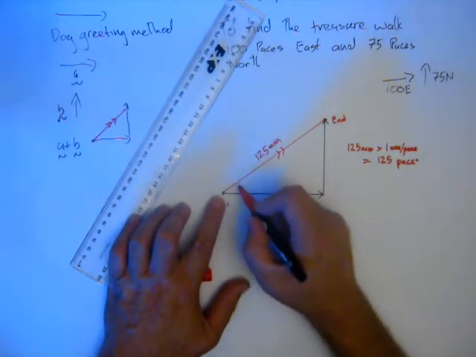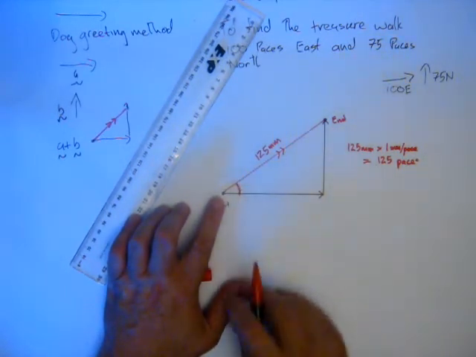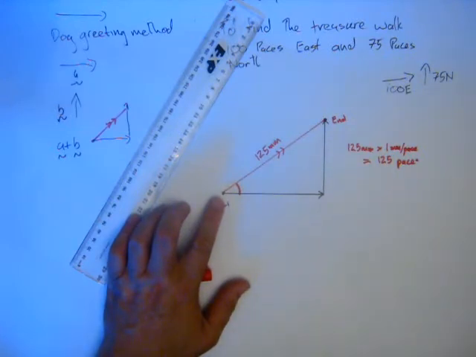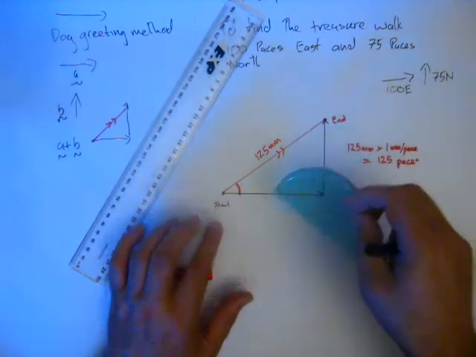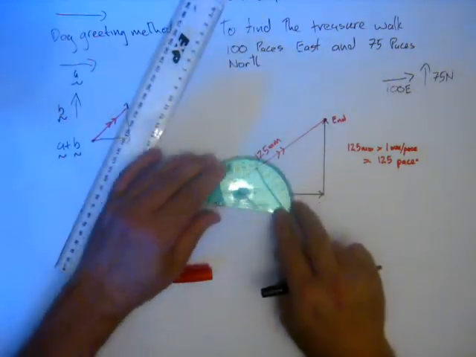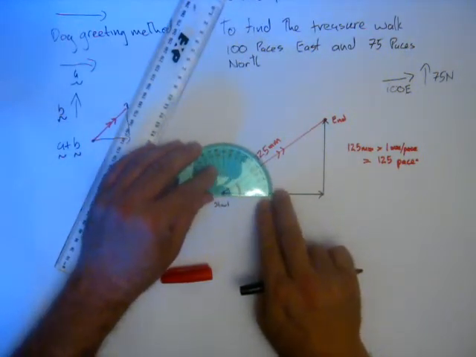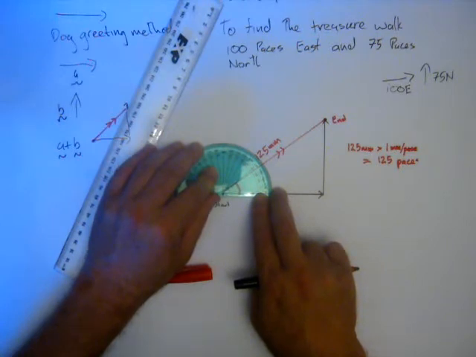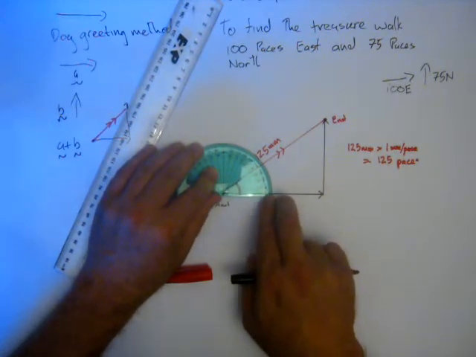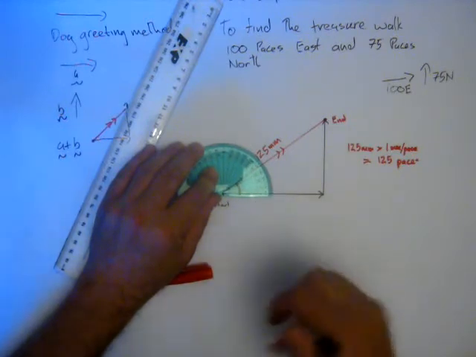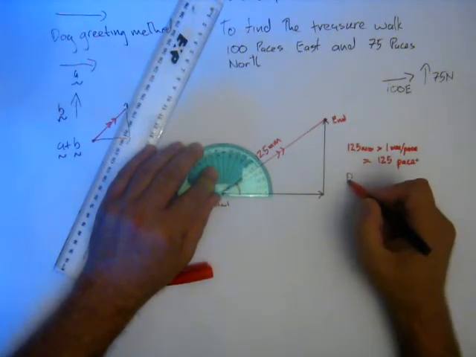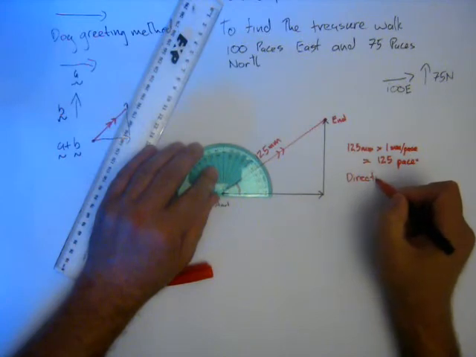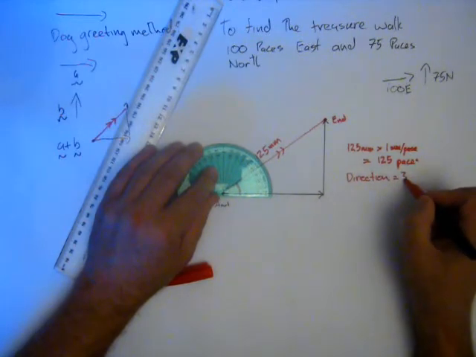And what's the direction here? Well, we're doing it graphically, so we grab our protractor, put that on there, and now we can read 37 degrees. Direction equals 37 degrees.